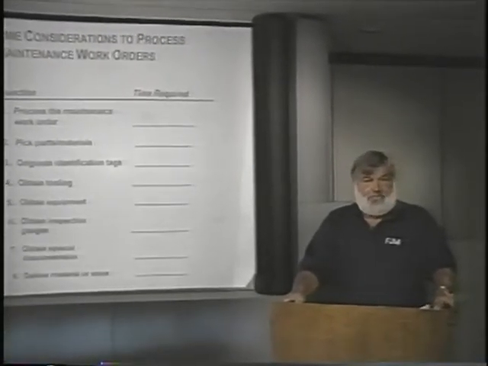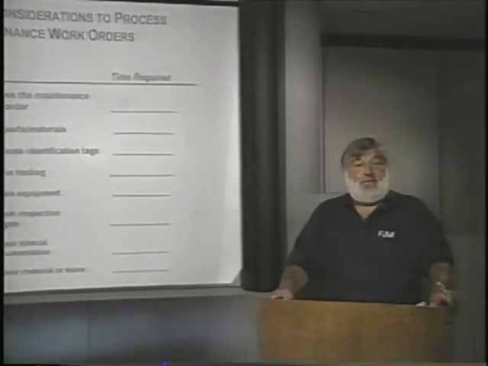Maybe special documentation is required, and therefore there's the time element to go to a file wherever that file is located. It could be in the storeroom, it could be in the maintenance manager's office, or it could be housed in facilities engineering.